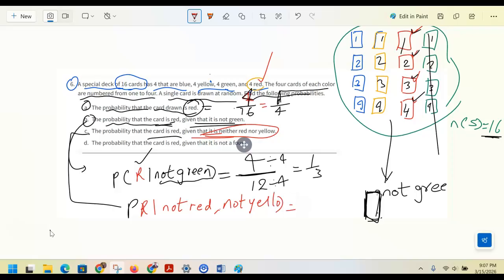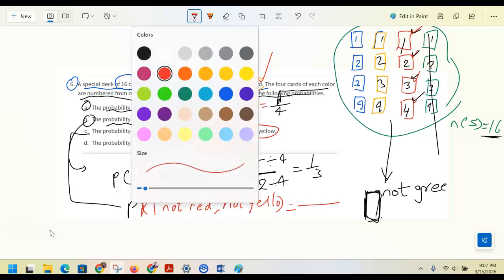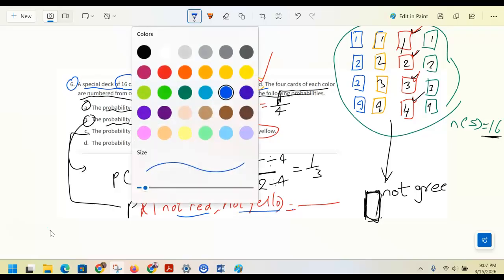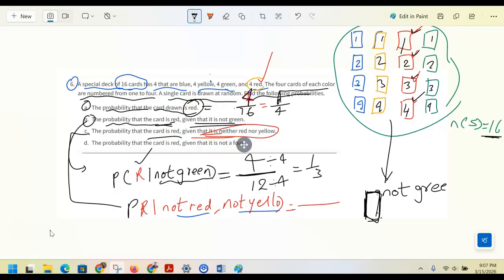So that means your ratio, the denominator. Which are the cards which are not red and not yellow? I will have to cross out the cards that are red. That means all these are cancelled, and not yellow. That means remaining are eight, so out of eight.